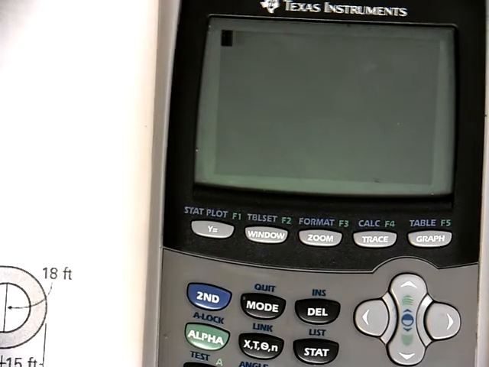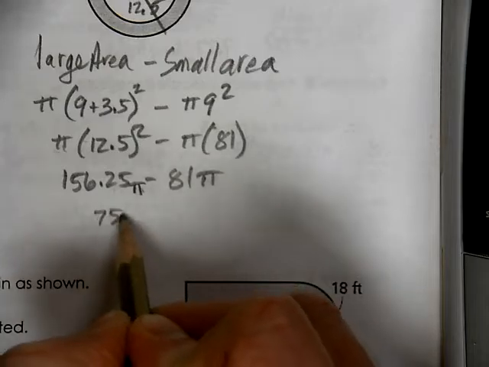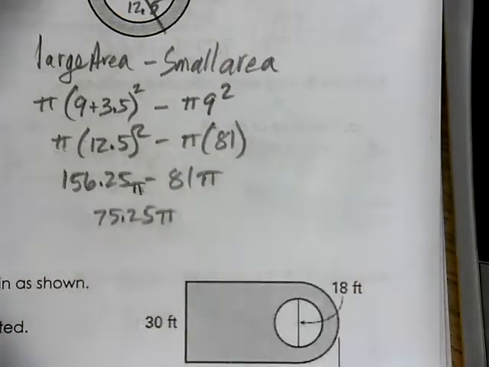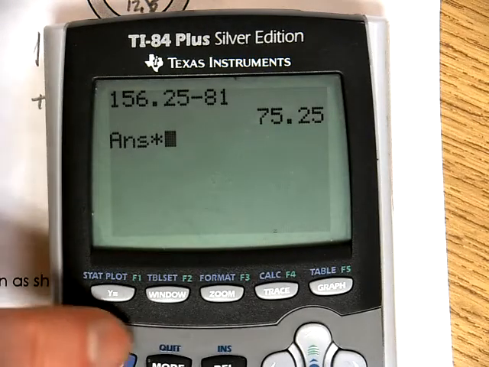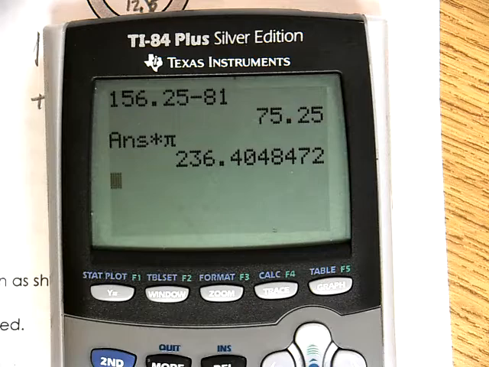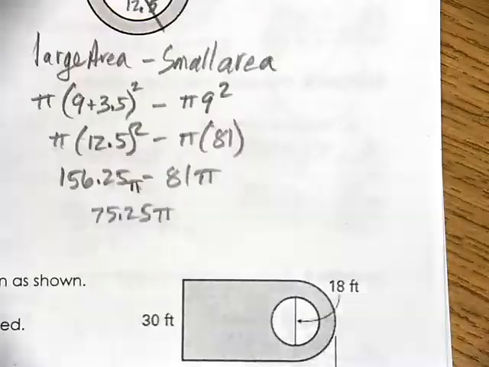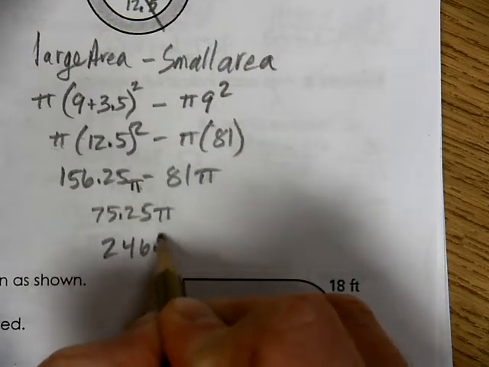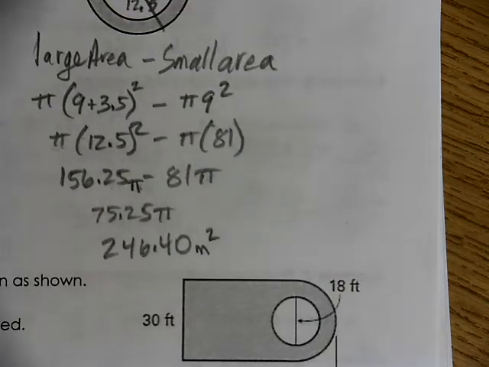Well, let's not say pi yet. 156.25 minus 81 gives us 75.25 pi. That's your exact answer. So if we multiply this by pi, we're going to get 236.40. And these are meters squared. That would be the shaded region. We took the big circle minus the small circle.